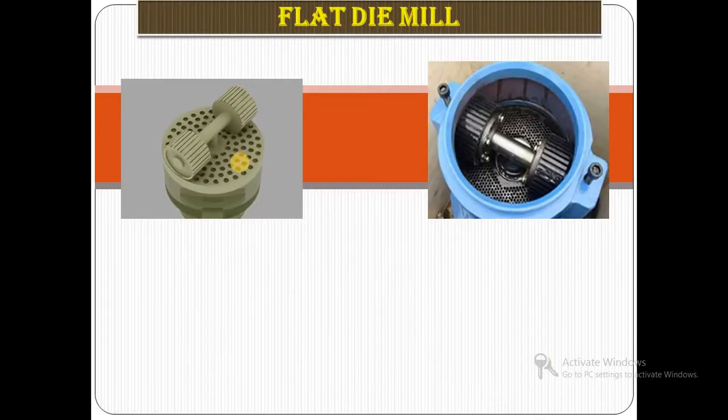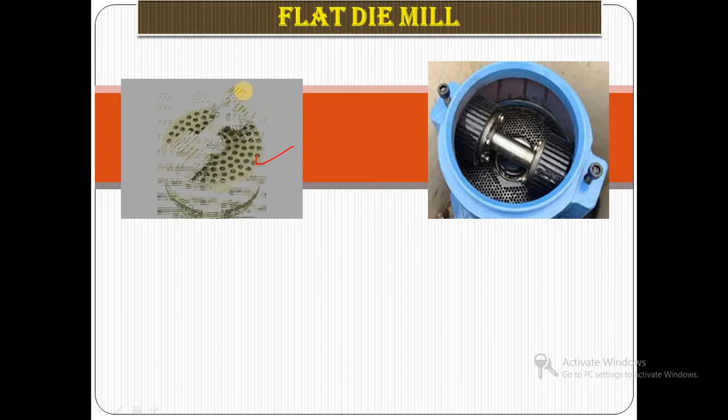So this is the working principle of the flat die mill. In the flat die mill, at the bottom this is the drum, and this is the roller. These two are rollers, and they also rotate.